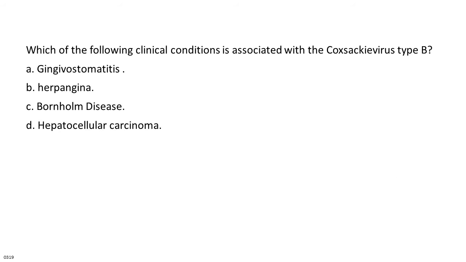Which of the following clinical conditions is associated with the Coxsackie virus type B? A. Gingivostomatitis. B. Herpangina. C. Bornholm disease. D. Hepatocellular carcinoma.